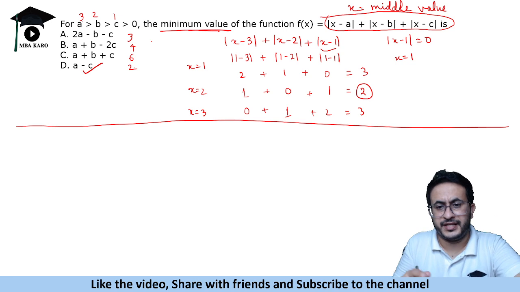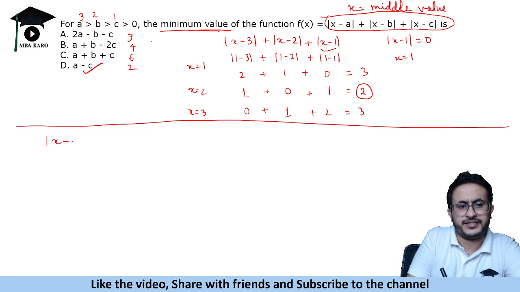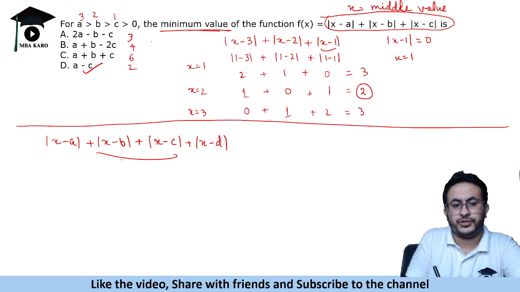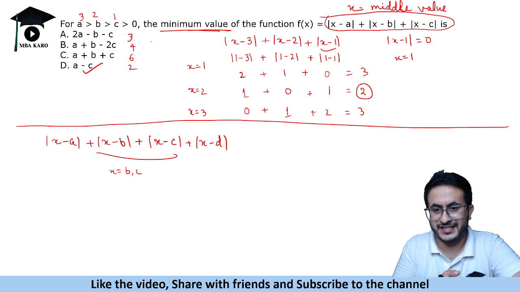Suppose there are 4 values like |x - a| + |x - b| + |x - c| + |x - d|. If there are 4 values, there are 2 middle values, so at x equal to b and c, you will have the minimum of this expression.